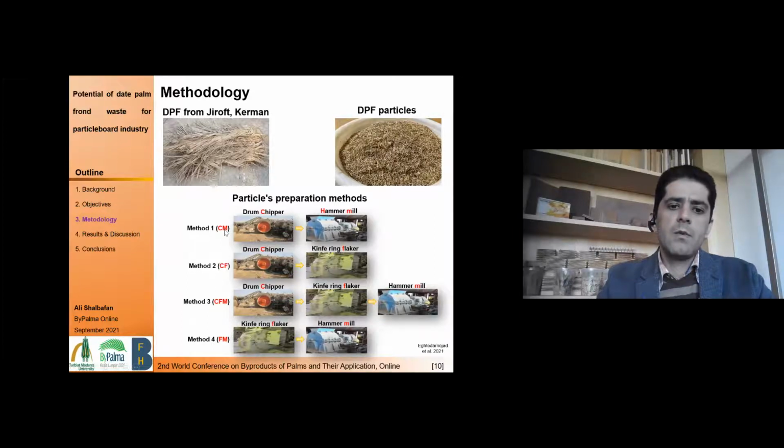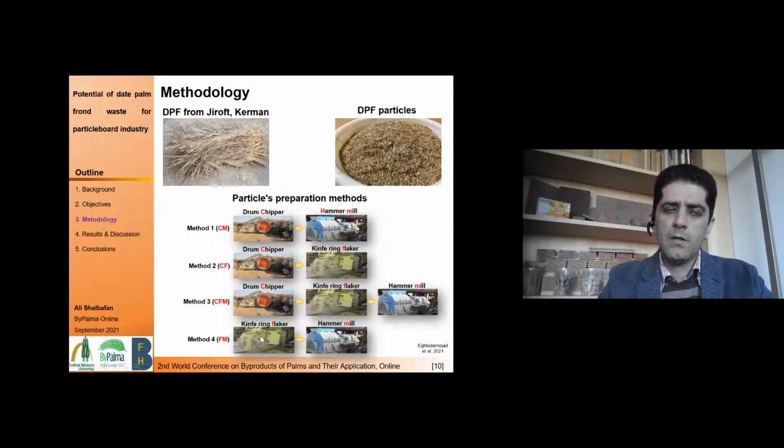The first one, which we call the CM process, we use a drum chipper for chipping the date palm frond, and then the particles went through an industrial hammer mill. In the second process, after the drum chipper, the particles went through a knife ring flaker, and in the third one, which is called the CFM process, after the drum chipper and knife ring flaker, the particles went through the hammer mill as well.